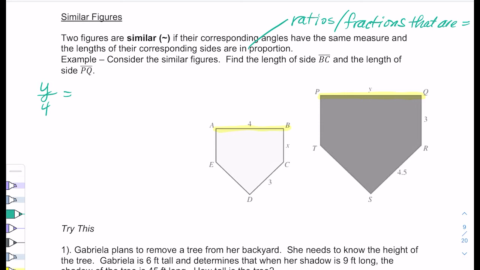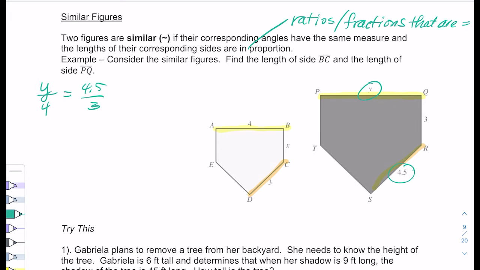Remember, we're creating proportions, so we're making two equal fractions. So now, when you create your other fraction, we can't use x just yet because we'll have too many variables. So we're going to hold off on x, and we're going to look for two sides that correspond, that have numbers. So those two sides would be 3 and 4.5. Now, which one do I put on top? You have to be really careful. When I created my fraction, I put y over 4. So that means I have to go back to the big pentagon and put 4.5 over 3.